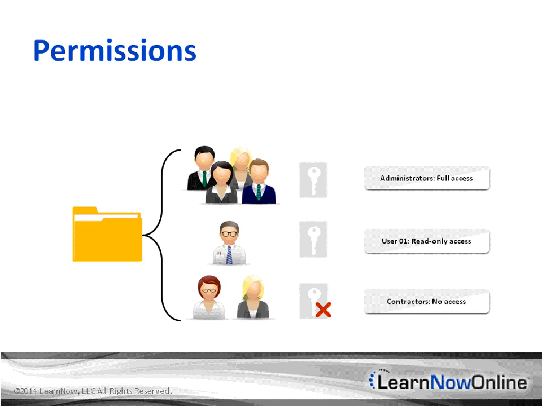The problem with the deny option is it's a lot more powerful than people think, and that is if you deny somebody permission, that overrides any permissions that the person has from a group or from an individual on that particular folder or file, because deny overrides everything.